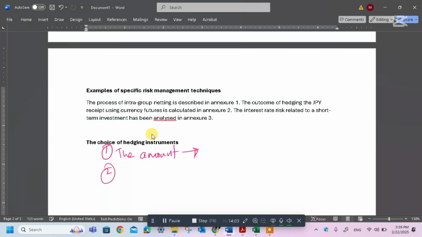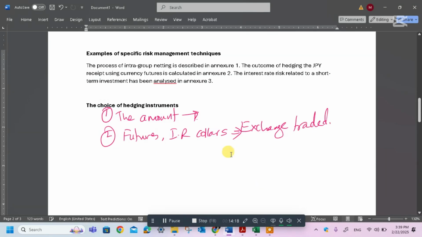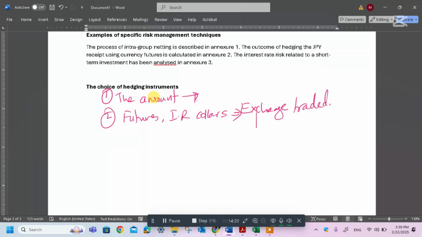Two, if you see, futures and interest rate collars both are exchange traded. Exchange traded has certain advantages. What advantages are there? Higher liquidity.